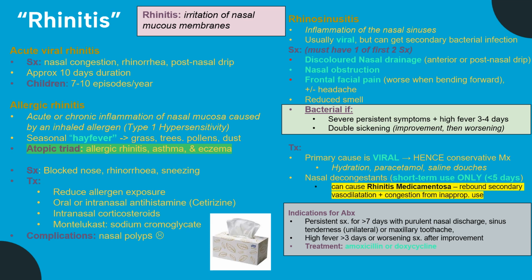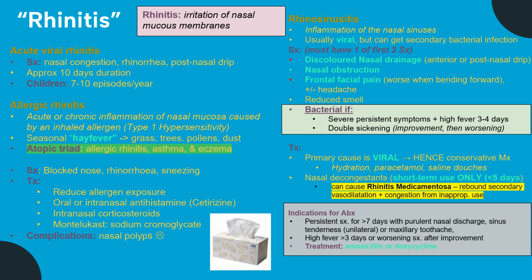Also, quite commonly, you have frontal facial pain that's worse when you're bending forward, because as you can imagine, the blockage and the fluid moving around irritate the area. Also commonly a headache. Reduced smell sensation is also not uncommon, and in some cases you can get anosmia.